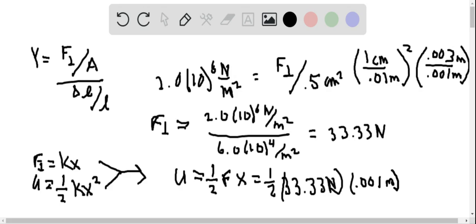This gives us an answer for our potential energy of 0.017 joules. And that's our answer.